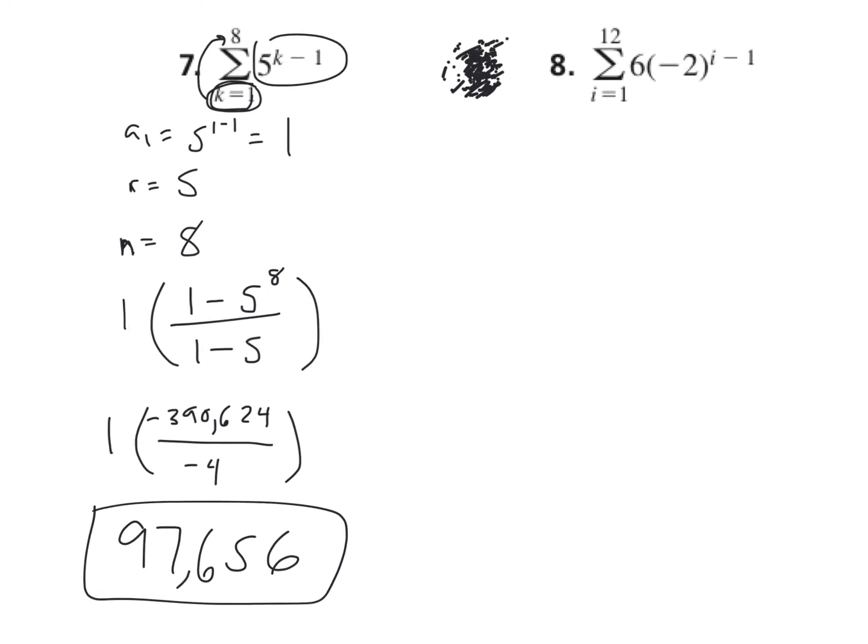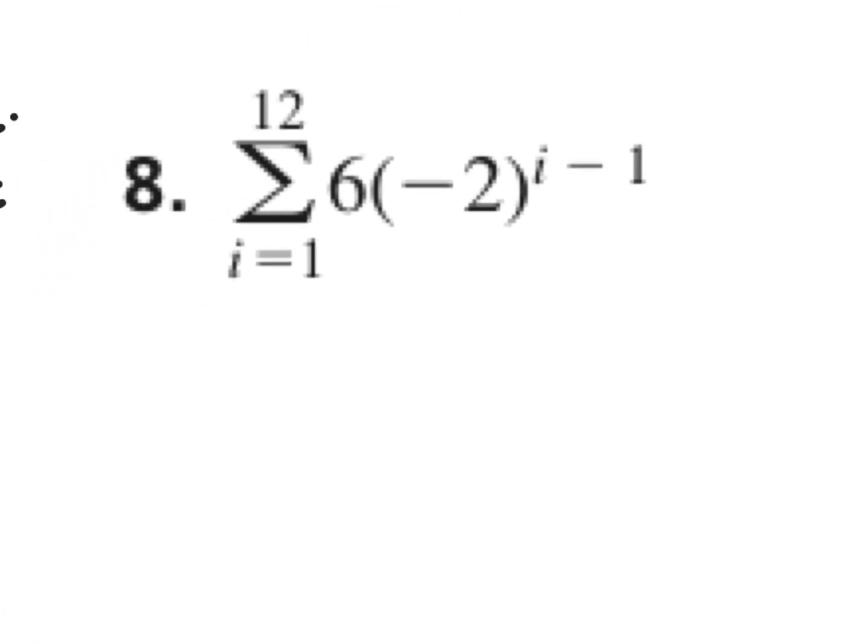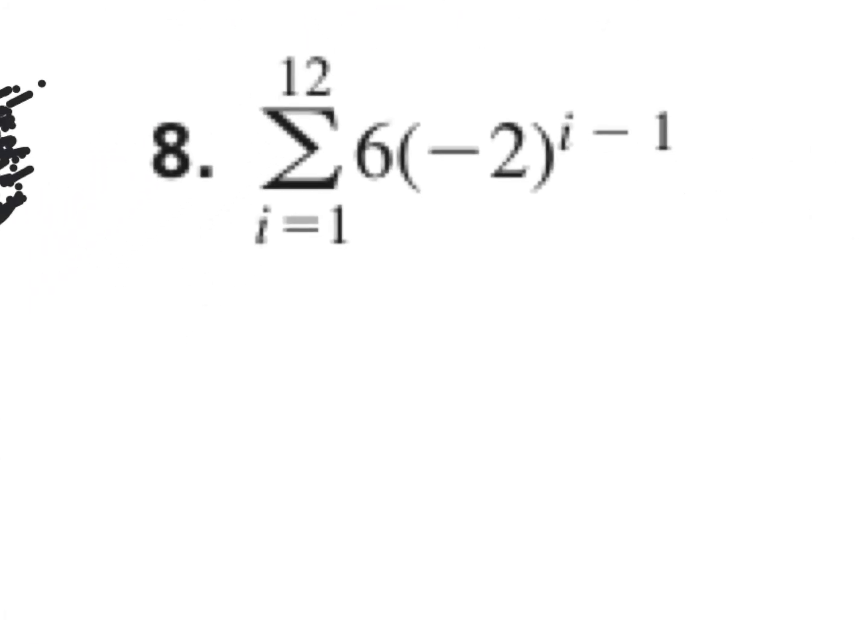All right, let's look at number 8. So we need our a sub 1, our ratio, and our number of terms. How do we find our a sub 1? Plugging 1 into the i.